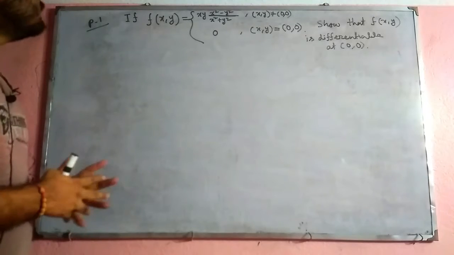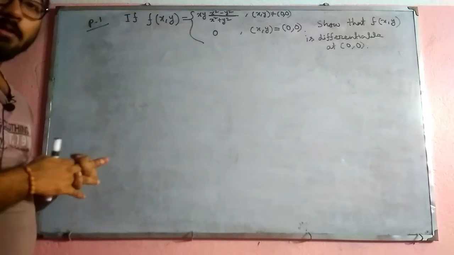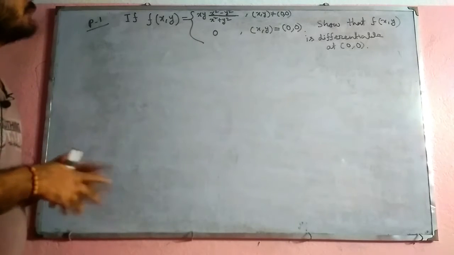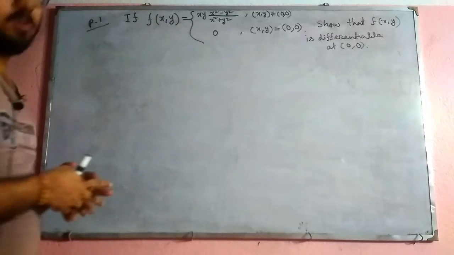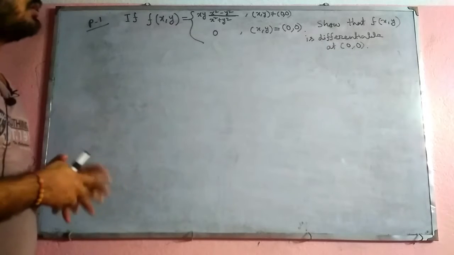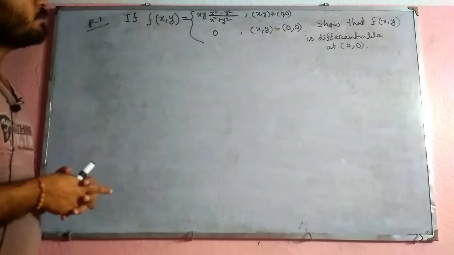Our first problem is: if f(x,y) = xy(x²−y²)/(x²+y²) for (x,y) not equal to (0,0), and 0 when (x,y) = (0,0), then show that f(x,y) is differentiable at (0,0). Okay.